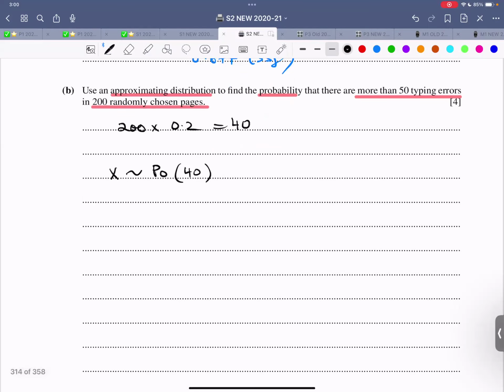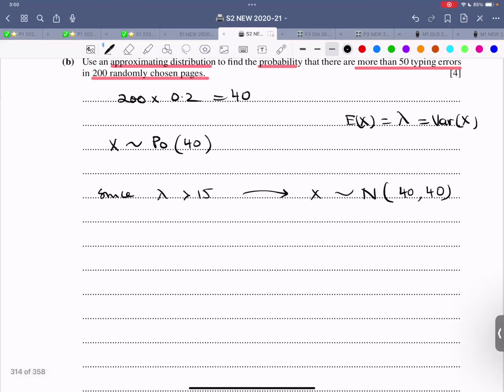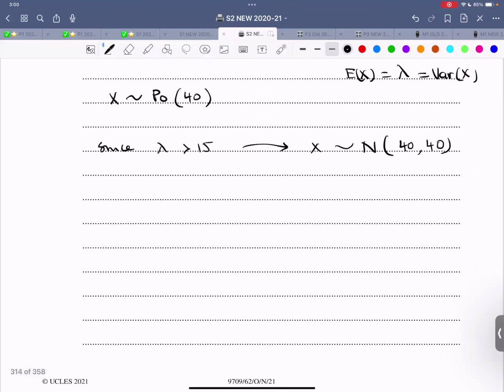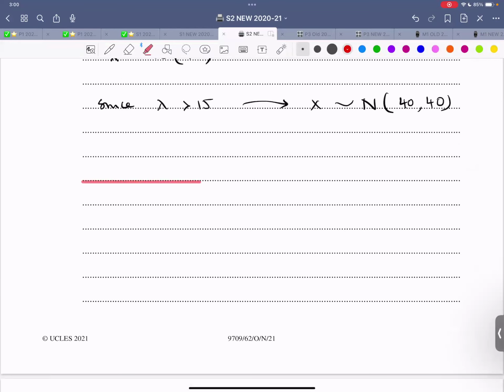But since lambda is greater than 15, Poisson becomes normal. This is 40 and this is 40, because the expectation of X is lambda, and so is the variance of X. Now they are asking for more than 50 errors, so continuity correction. Let me write 50.5 and 49.5.